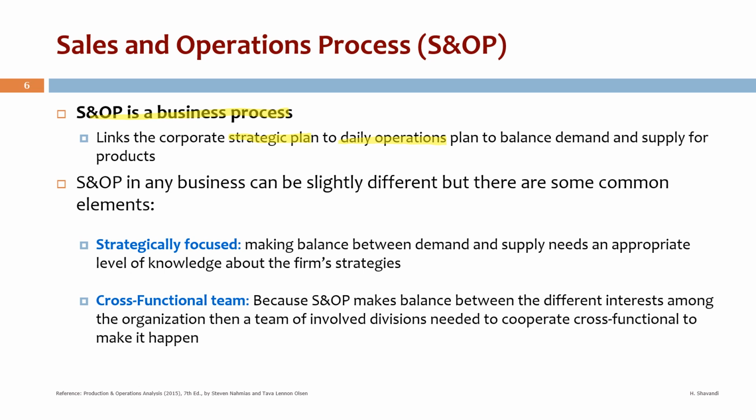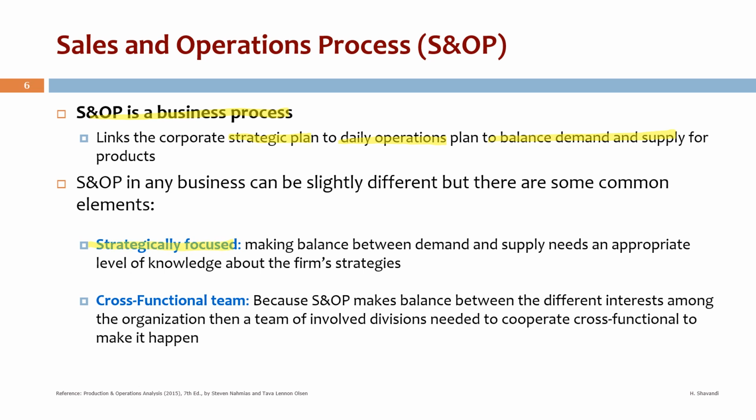So yes, the S&OP process will integrate the strategic plans of the company with the daily operations in order to balance demand and supply for the products. So usually S&OP process in different businesses are different, but there are some common elements. For example, the first one is strategically focused.